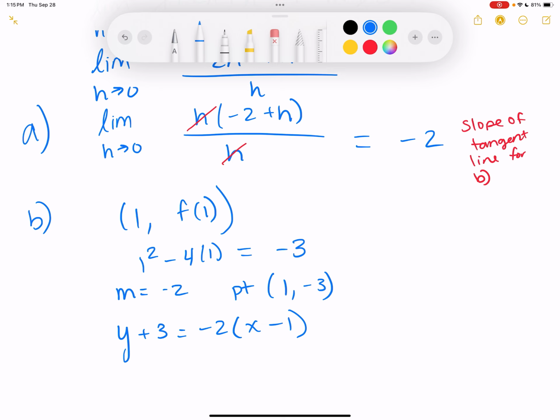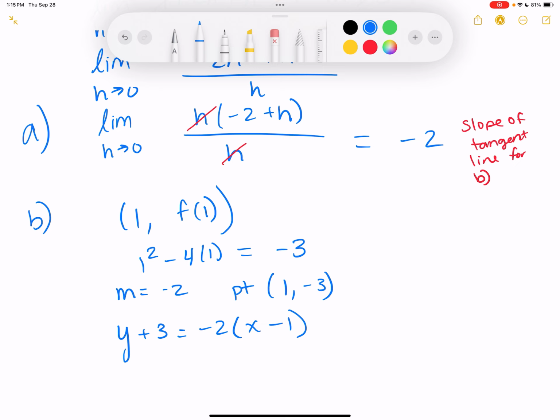I don't actually know how the book leaves their answers because they don't have these answers up here in the front. Let me see if I can find it, just so that you're aware. What is this? 2.4. Number 10.